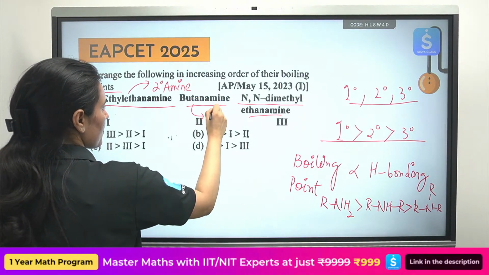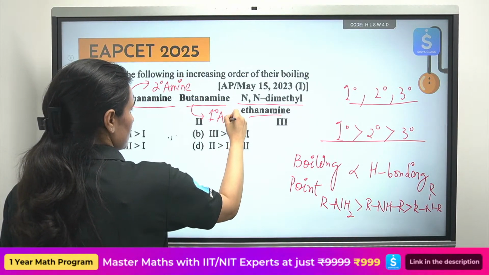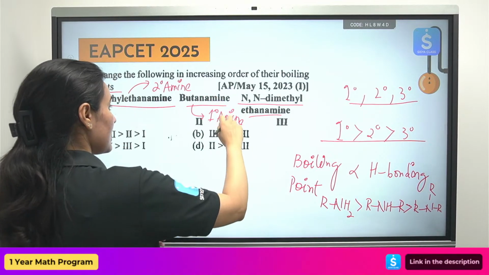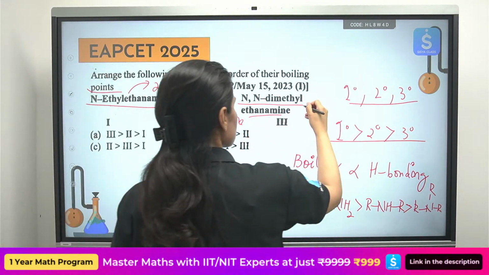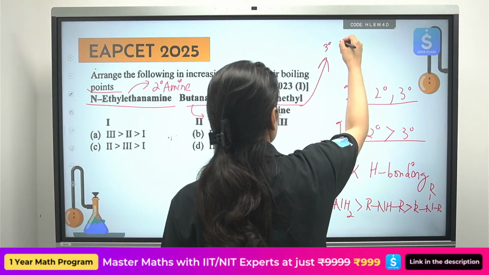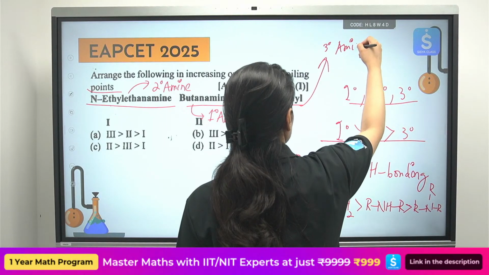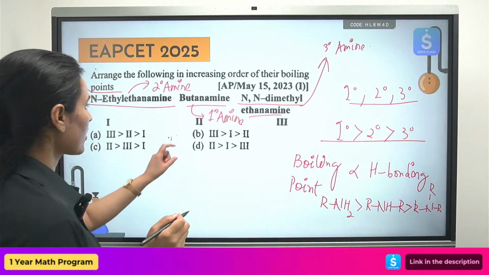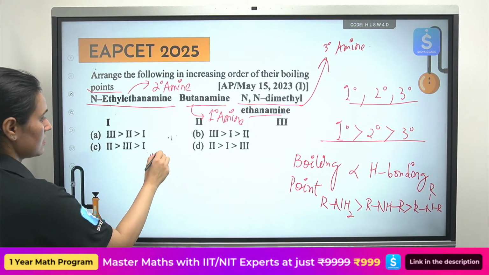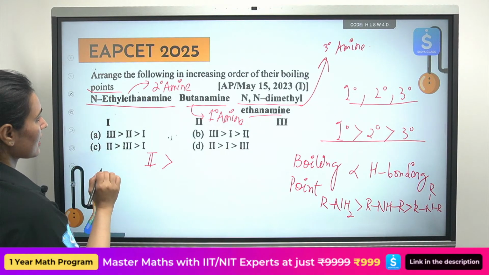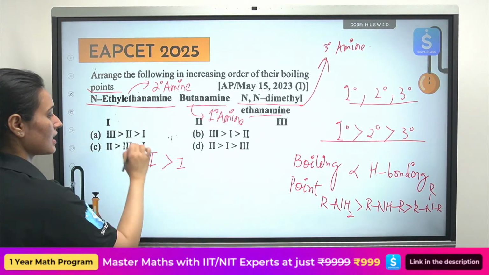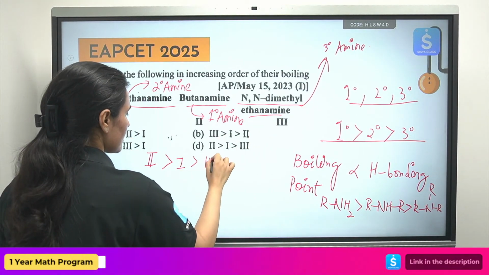This is primary. N dimethyl ethanamine, this is tertiary amine. So the maximum boiling point will be shown by second, then your secondary amine, first amine that is given, and finally this third one.